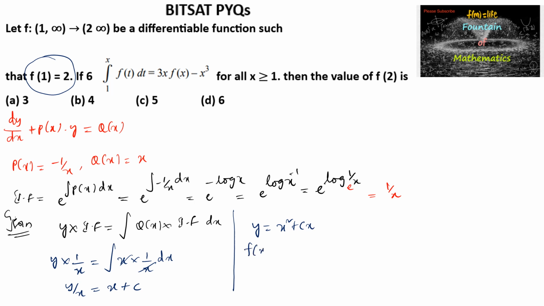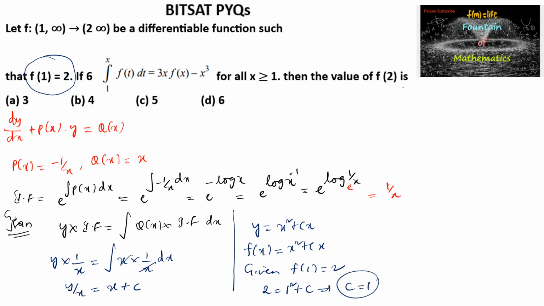that is f of x is equal to x square plus cx here, given f of 1 is equal to 2. So put x is equal to 1, and we get 2 is equal to 1 square plus c, that is c is equal to 1.